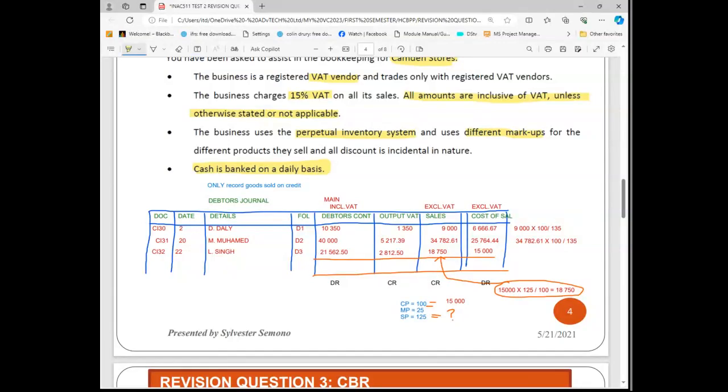We only need goods sold on what? Credit only. If you sell a car, you cannot come here. You sell a building, you cannot come here. You must sell goods. Remember, goods are the same as merchandise, same as trading stock, trading investment only.